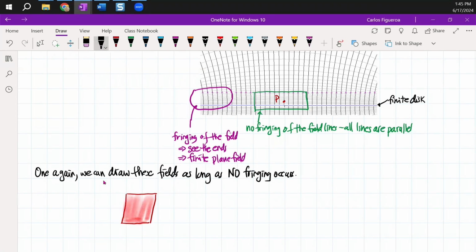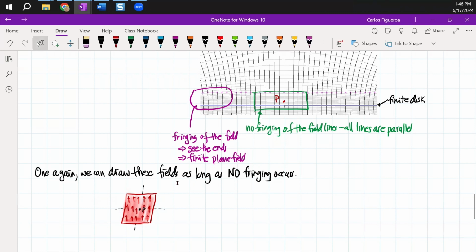Imagine that I have my point P here in the middle, and as long as these electric fields around P look uniform, then I can use the infinite plate field that we calculated.